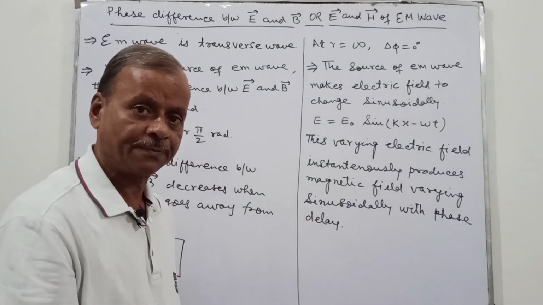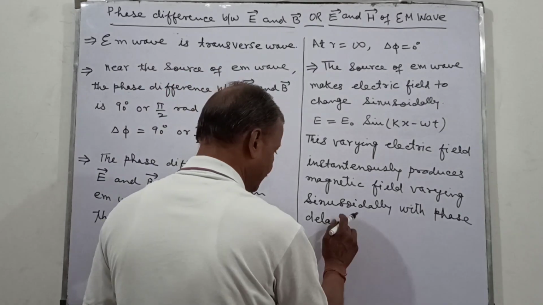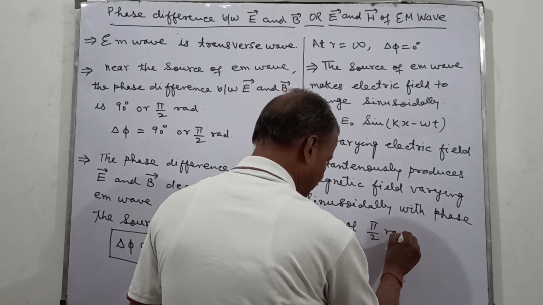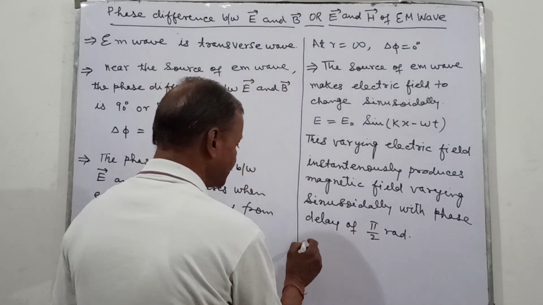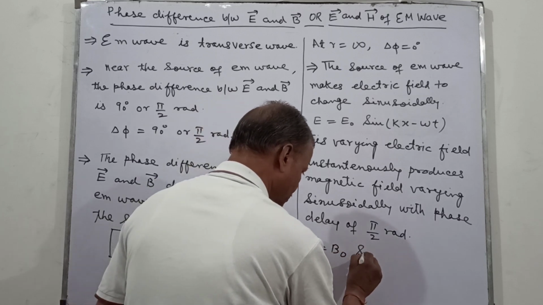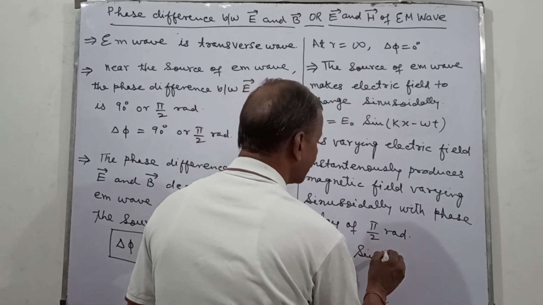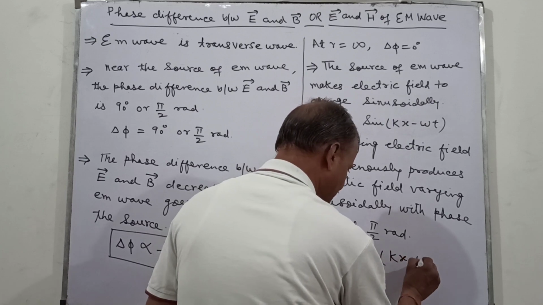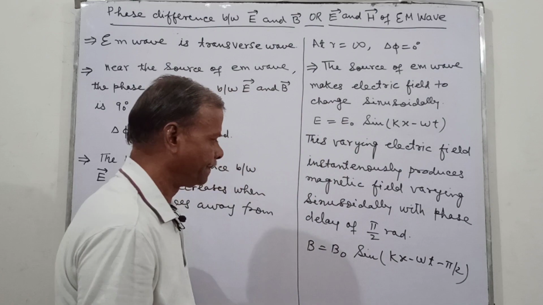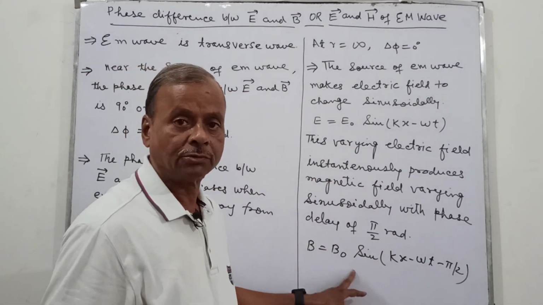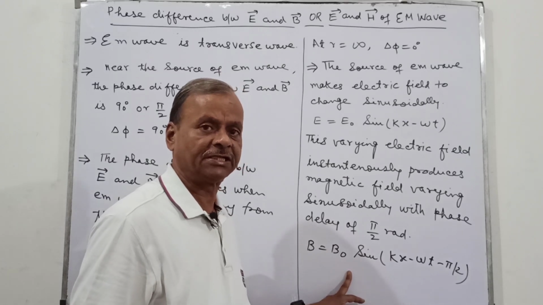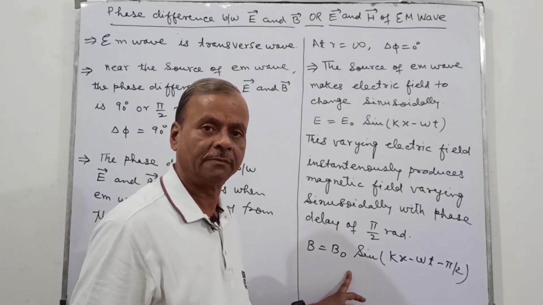So now the phase delay is pi by 2 radian. It means that this B is equal to B naught sin kx minus omega t minus pi by 2. So this E is the driver of B, or we can say that the electric field drives the magnetic field.